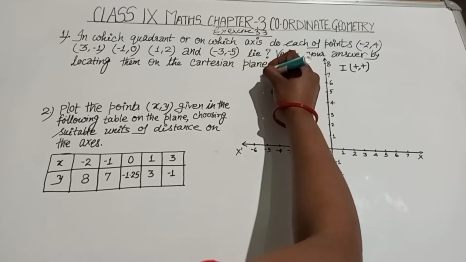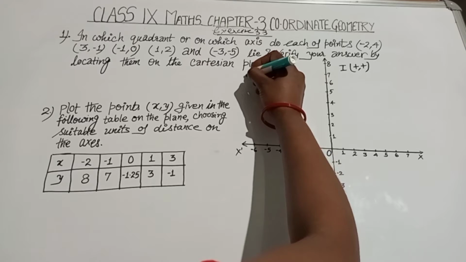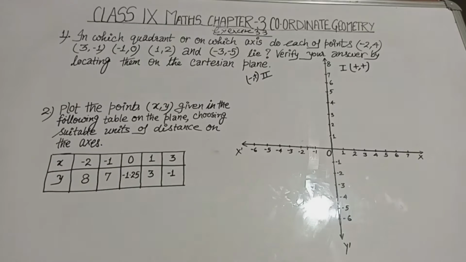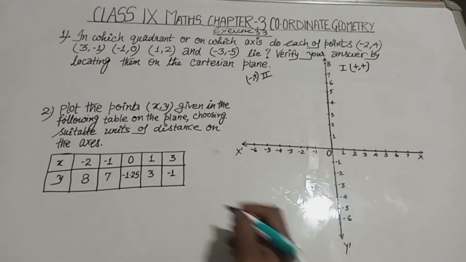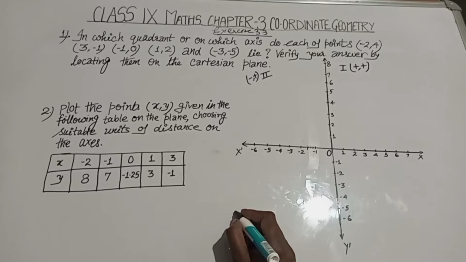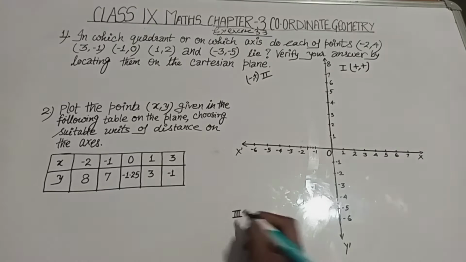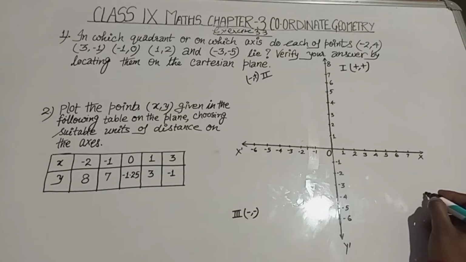Second quadrant is minus plus. Third quadrant is minus minus, and fourth quadrant is plus and minus. Okay, plus and a minus.